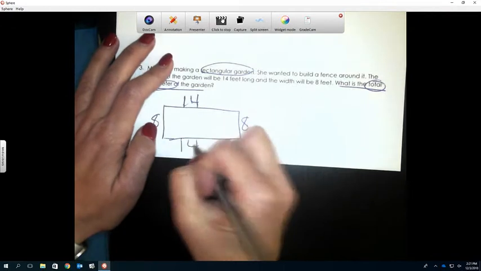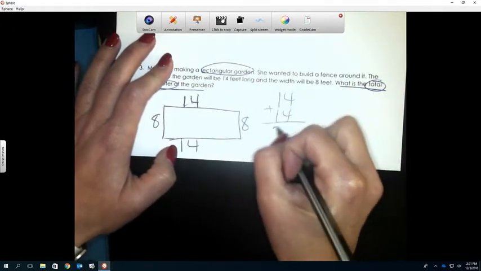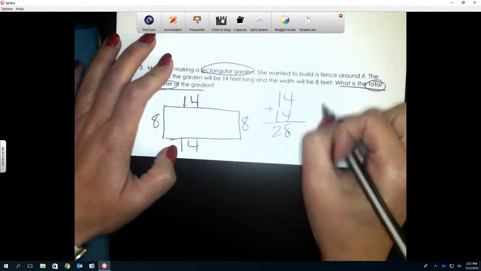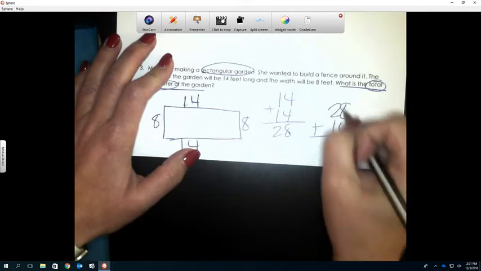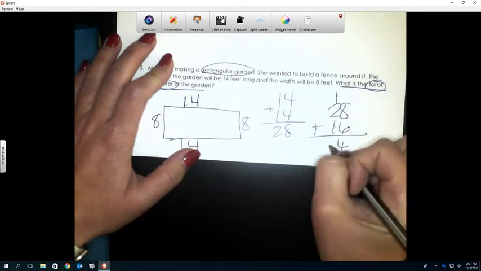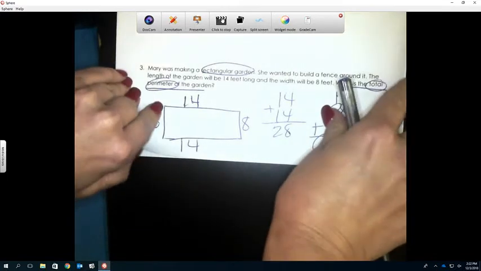So 14 and 14 is 28. 8 plus 8 is 16, so I could do 28 plus 16. So the total perimeter is 44. Okay? All of the sides. If they only tell you 2, you have to use what you know about polygons. Sometimes opposite sides are equal.